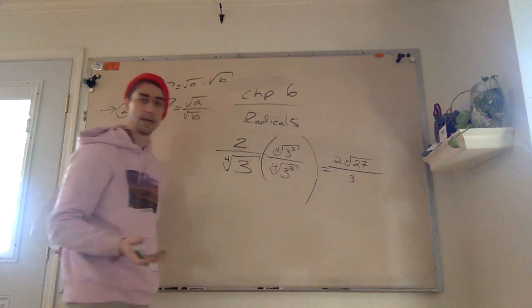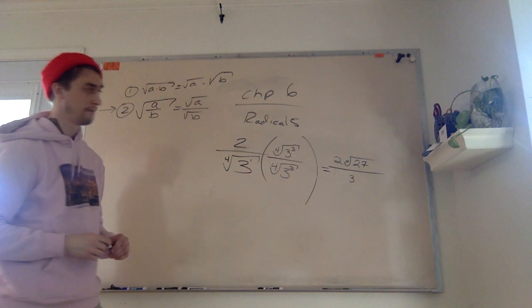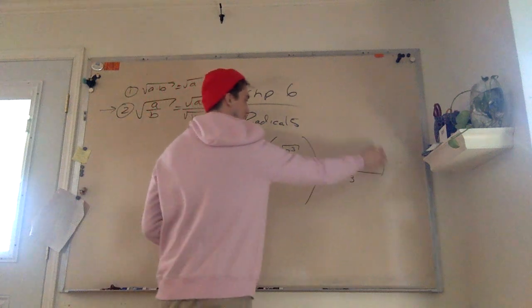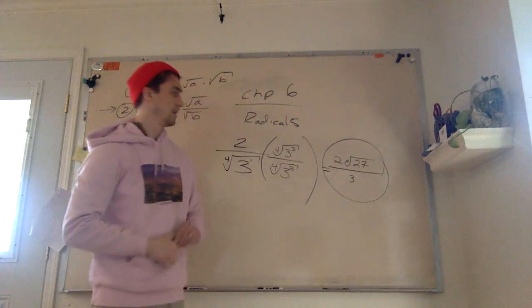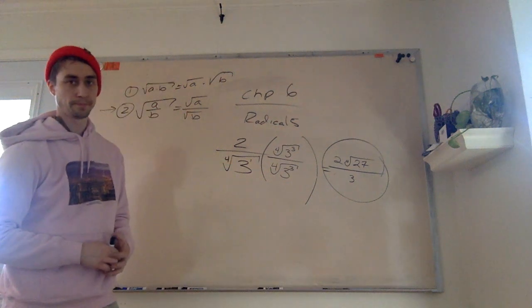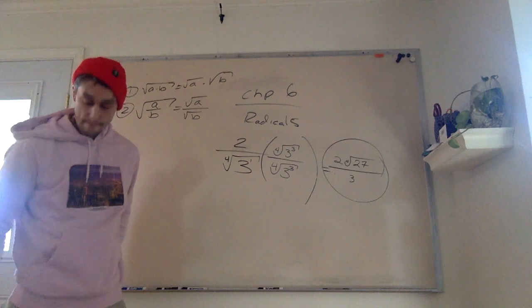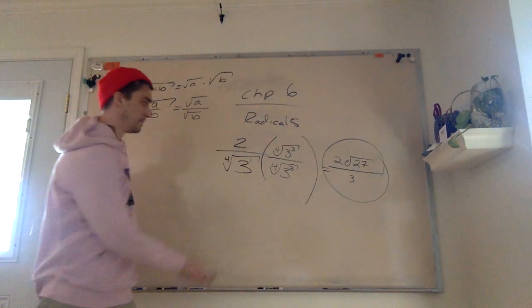And that's exactly why I did that, because now I have a rationalized denominator. Boom. If this had produced something that was simplifiable, you should do that. Okay, that's how you rationalize the denominator.